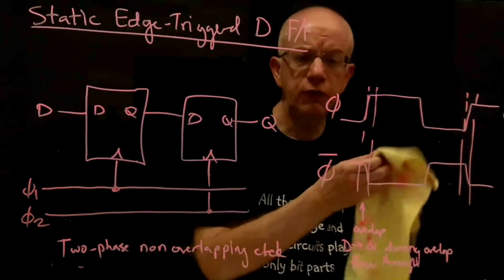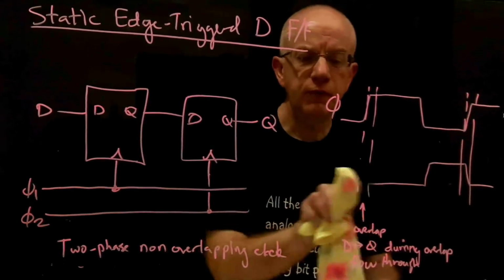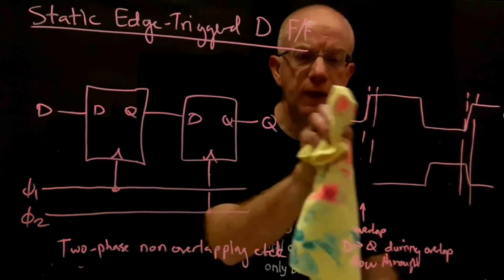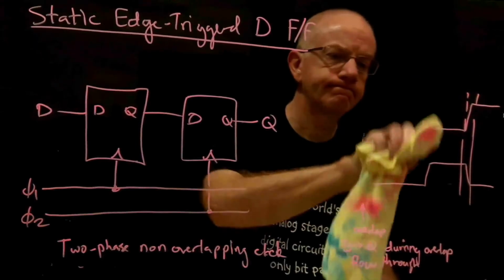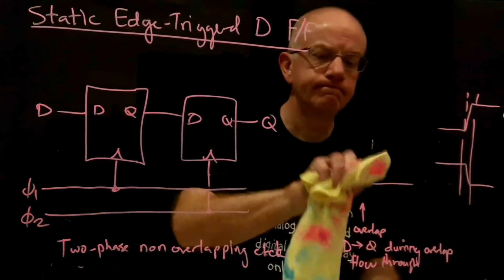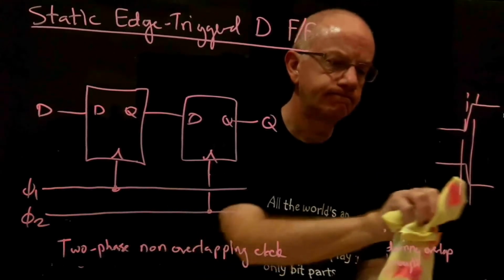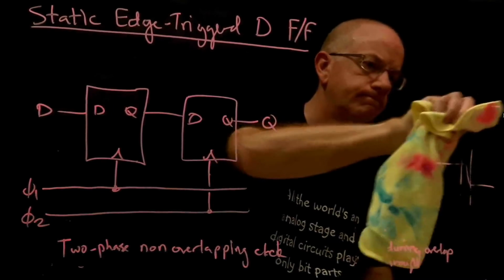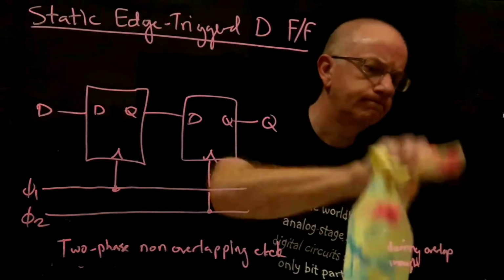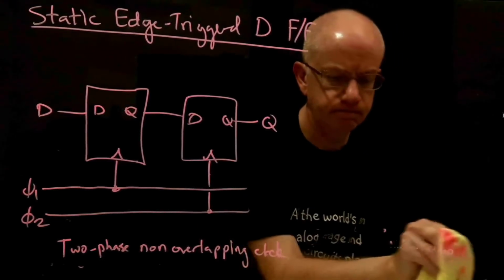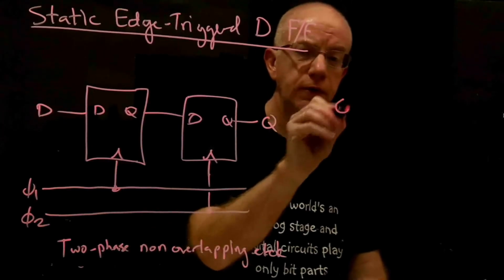And phi 1 and phi 2 kind of look like phi and phi bar, except we're very intentional to make sure that phi 1 and phi 2 do not have this potential overlap. So phi 1 and phi 2 might look something like this.